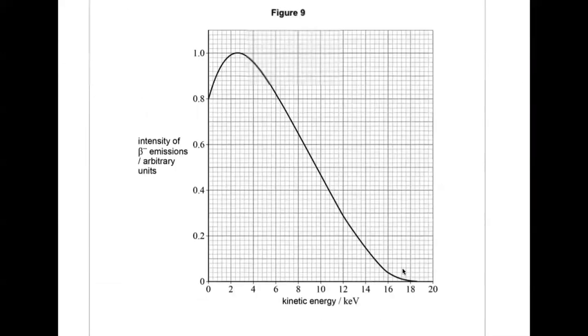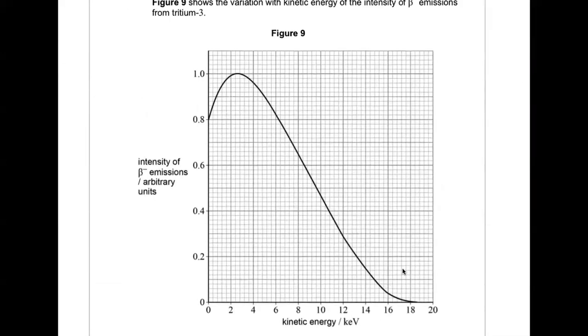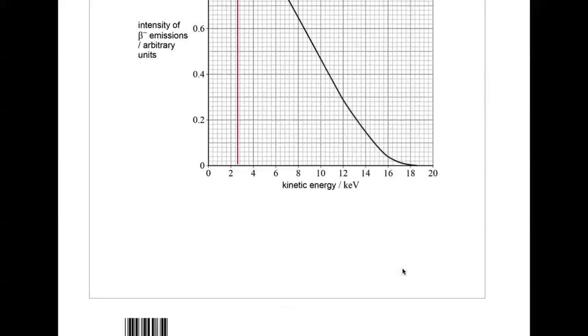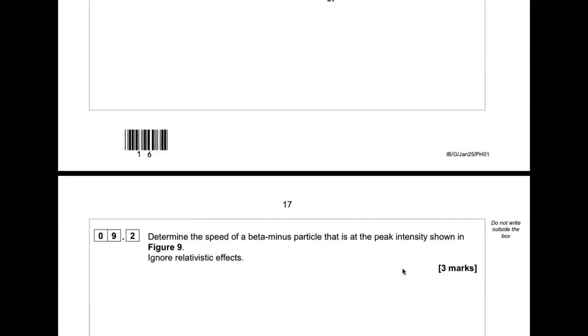So first I need to read off the peak. I think it is between 2.4 and 2.8, so in the middle of that. So this is 2.6 kilo electron volt, which is its kinetic energy.